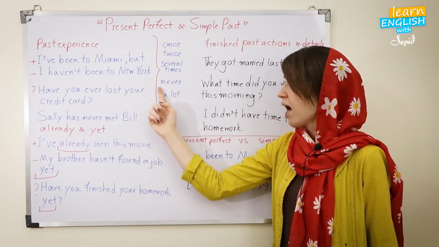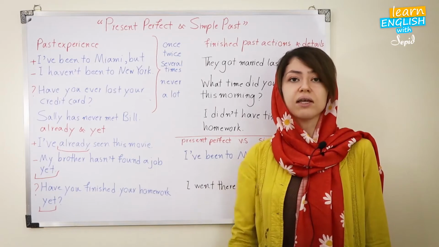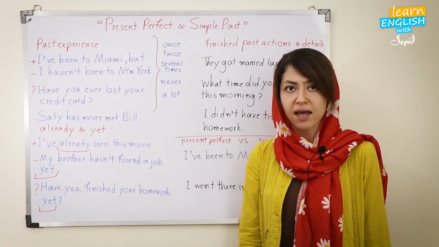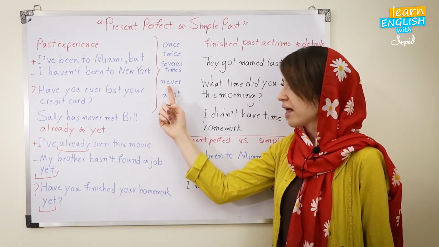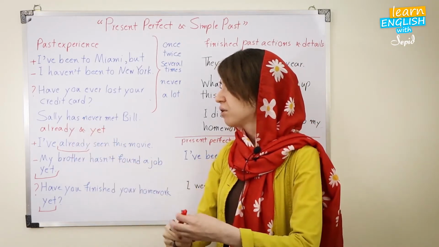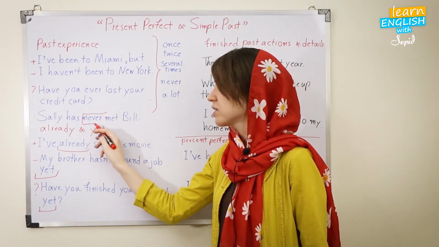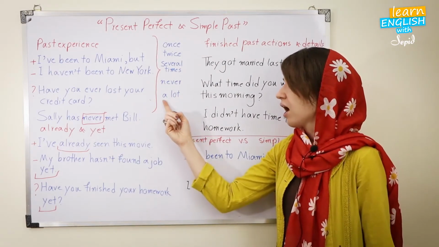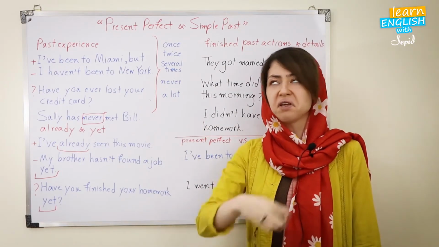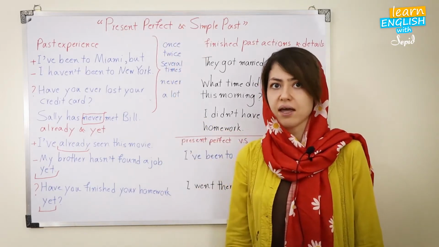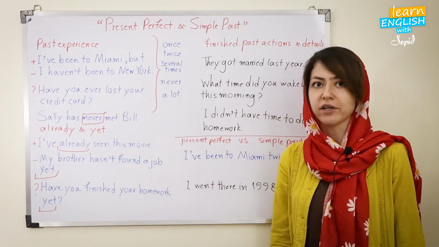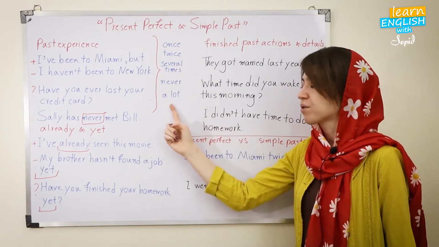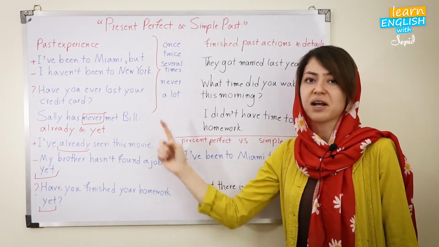I have never eaten sushi. So never is placed between have or has and the past participle form of the verb. Pay attention. And I've seen this movie a lot. So if you want to talk about your experiences, you can use these phrases.